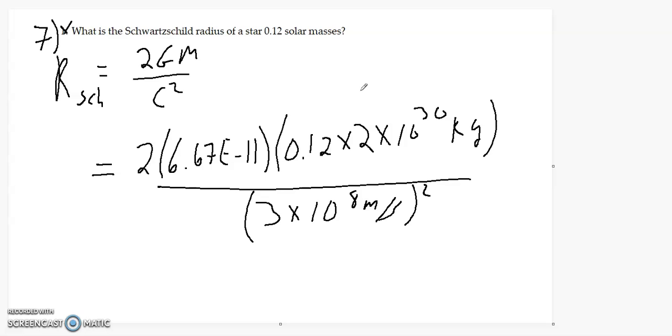It doesn't mean that this star is ever going to become a black hole. We're going to round to 1 place past the decimal. It would be 355.7.